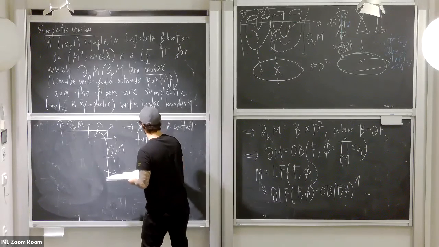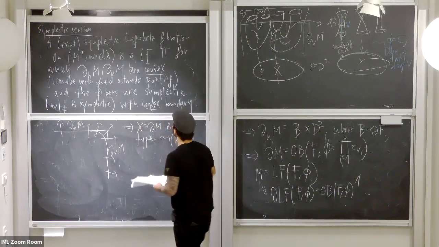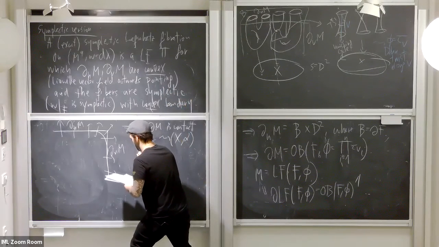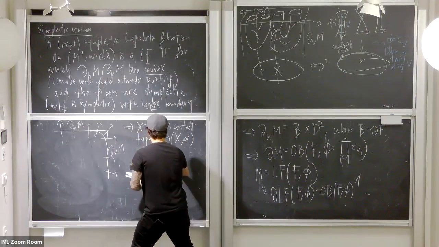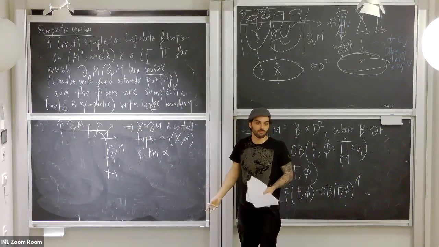And so it inherits a contact form alpha just by restriction of lambda. And the kernel of alpha is by definition supported by the open book at the boundary.